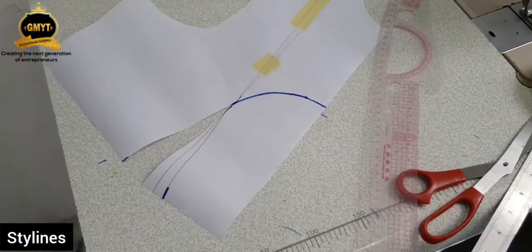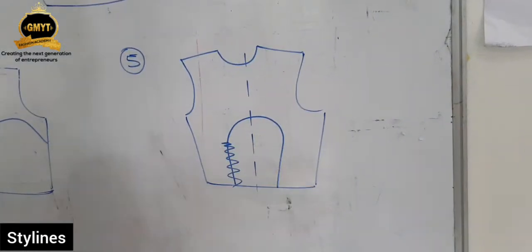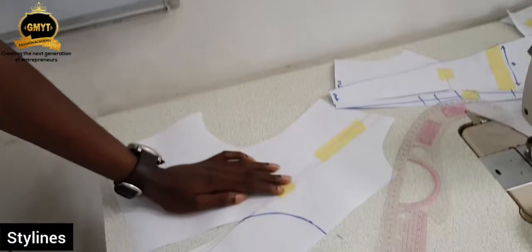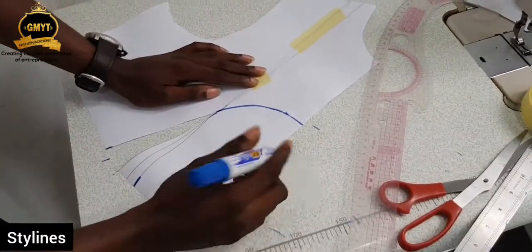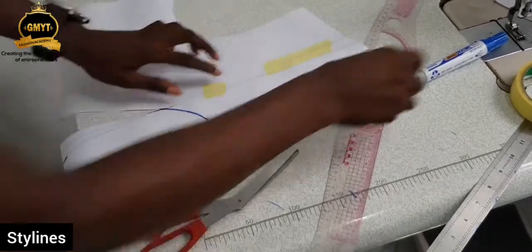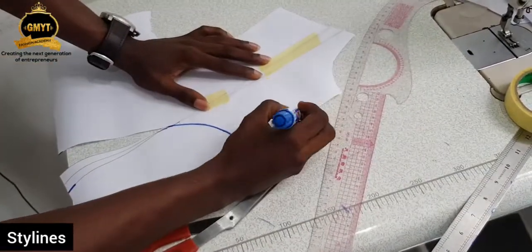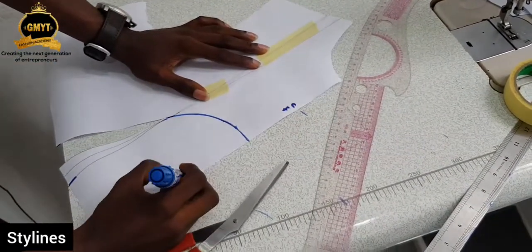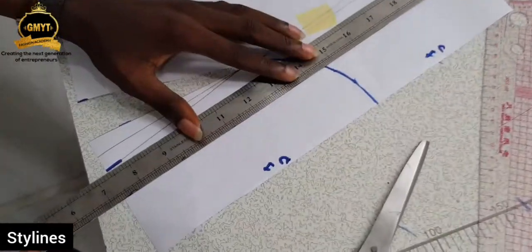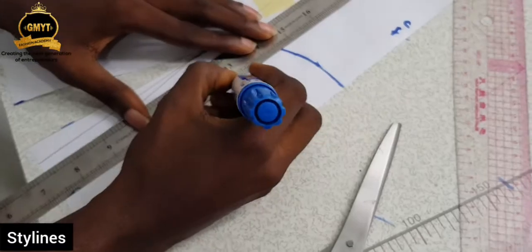All right, so we have this connecting back from our center front all the way down to our waist dart. So now once we have this, all you just need to do is to slash out. Let me do my labeling first. Then I have my green line.